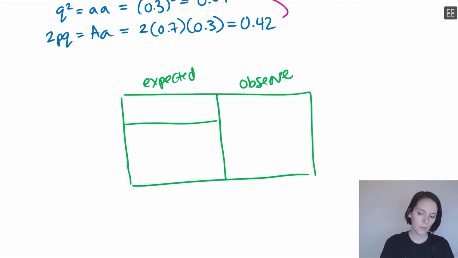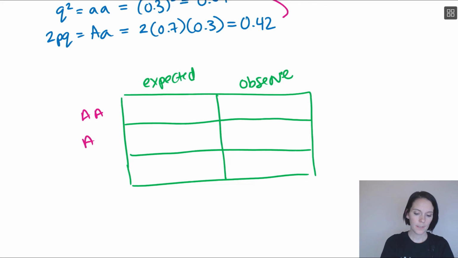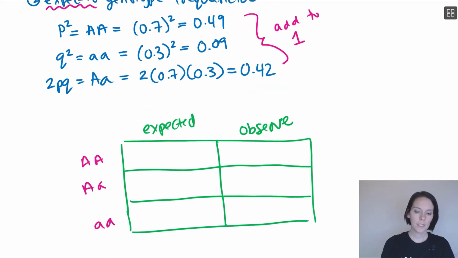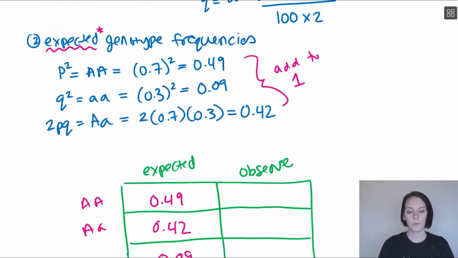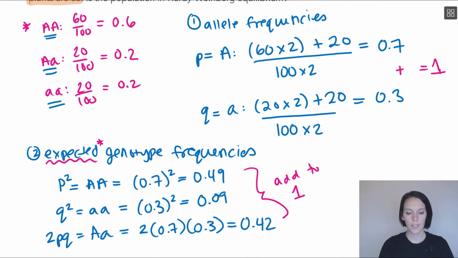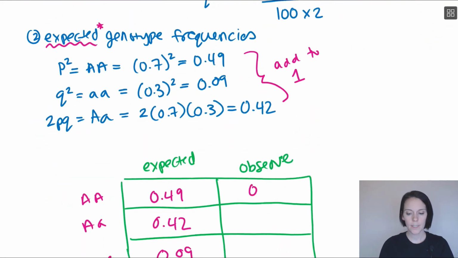For our 3 genotype frequencies, big A big A, big A little a, and little a little a, we would expect in this population to see genotype frequencies of 0.49, 0.42, and 0.09.